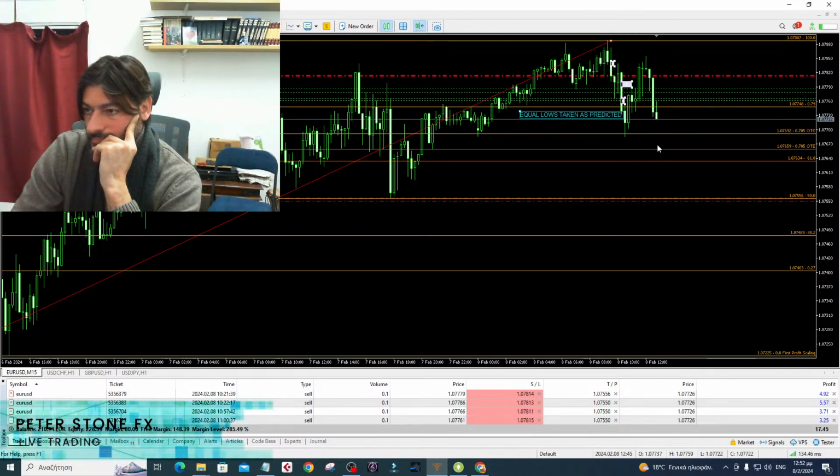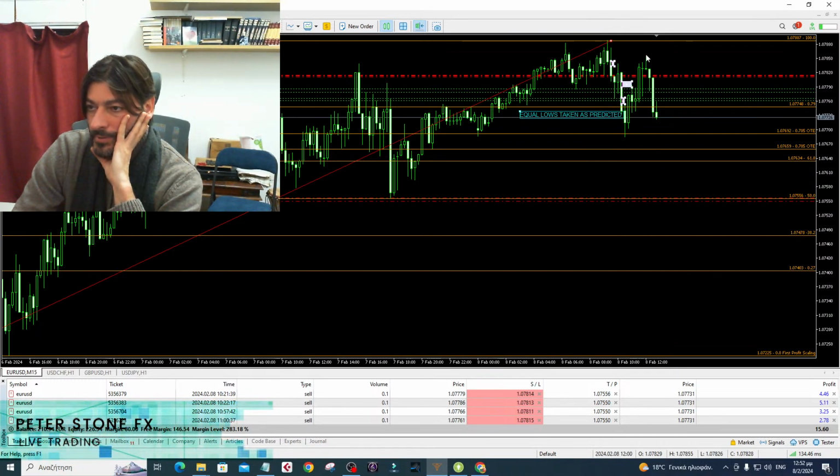Let's see. As I said, in optimal trade entry, when price reaches this area, as it did here, it has the right to go up until here. If it surpasses it, it's not a scenario. So now expect it to go with kind of high volume, or even it will create a fair value gap here, then go up here, hit this up until here, hopefully not hit my stop losses, and go downwards.